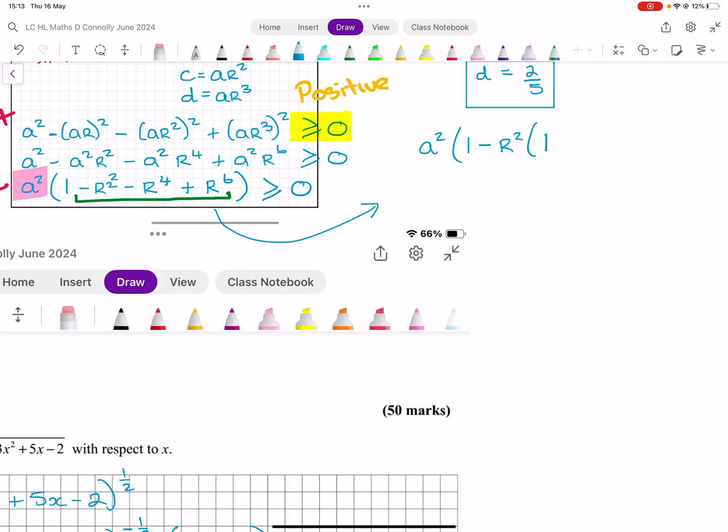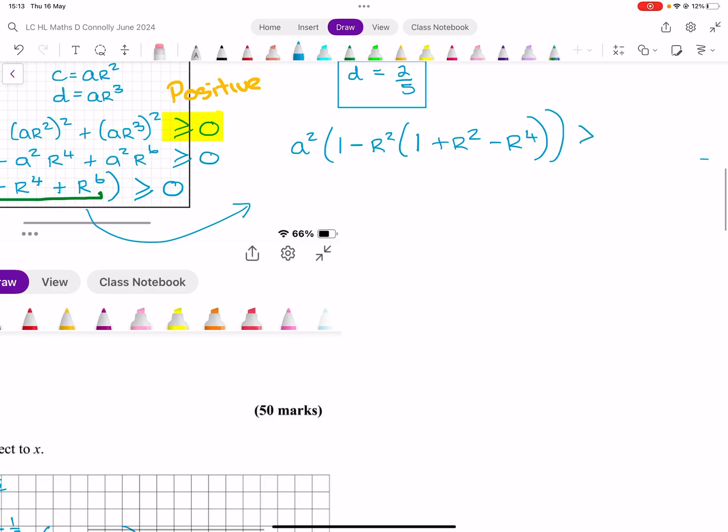If I take minus r squared out of that, I have plus r squared. And if I take minus r squared out of that, I have minus r to the 4. Right, and I'm trying to prove that that's positive.